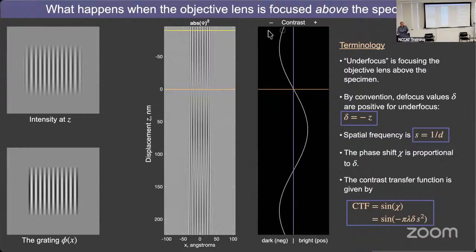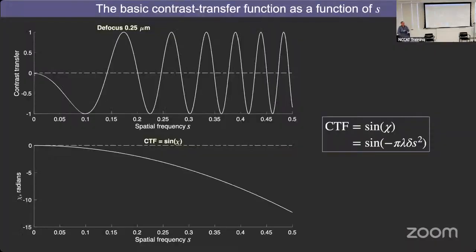The result is exactly the same, except the polarity is reversed: white is black and black is white. So you could say, why bother focusing above the specimen? Let's focus below the specimen, and it looks just as good. We'll see in a few minutes why it's not just as good, but right now it's kind of silly that we are doing that.